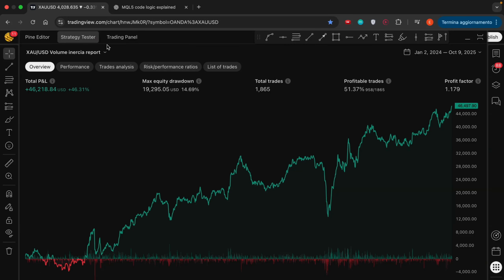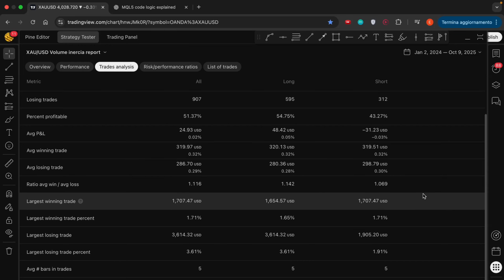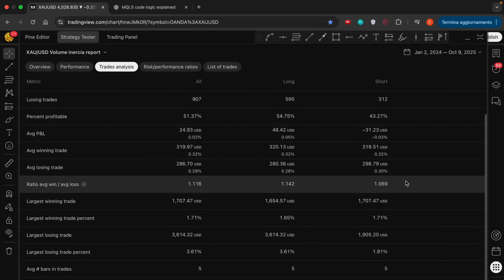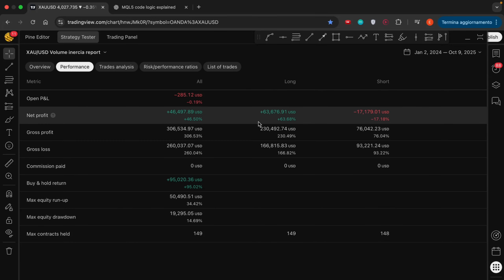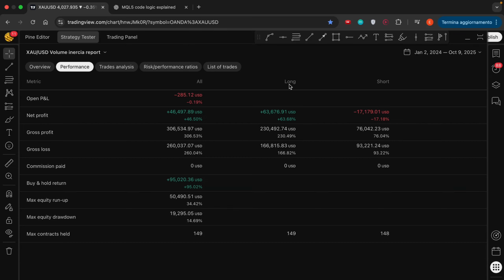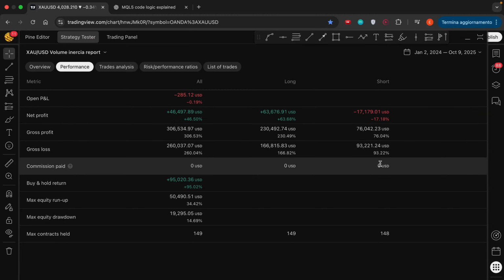From the trade analysis, we can see some of the metrics we're looking for. For example, this is the average win-loss ratio. And also from here, we can see that the overall profit is good, but all the profit, and more, came from long positions and not from short positions.